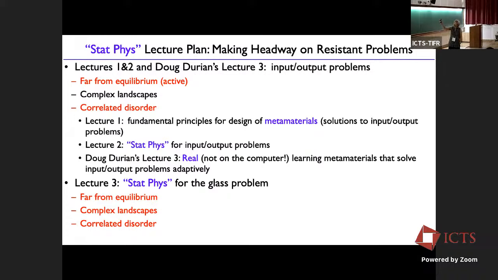Doug's lecture tomorrow is going to follow up on my lecture from today and yesterday, talking about the real systems, the electrical circuits that he designed that can learn, okay, adaptively and in a distributed fashion. And then tomorrow I will be talking about a totally different thing, how to do a different kind of statistical physics for the glass problem.